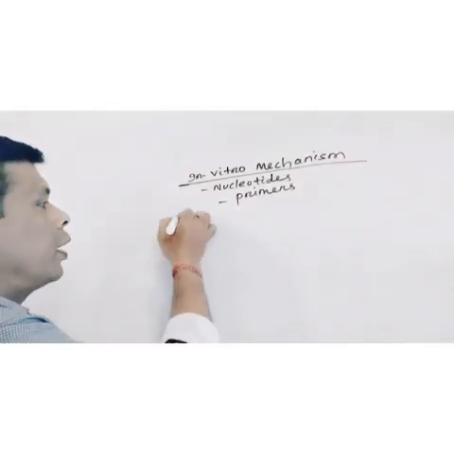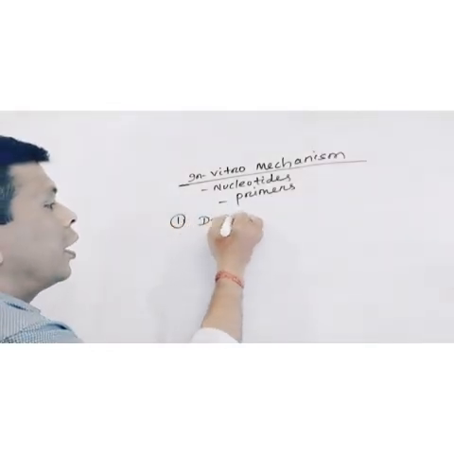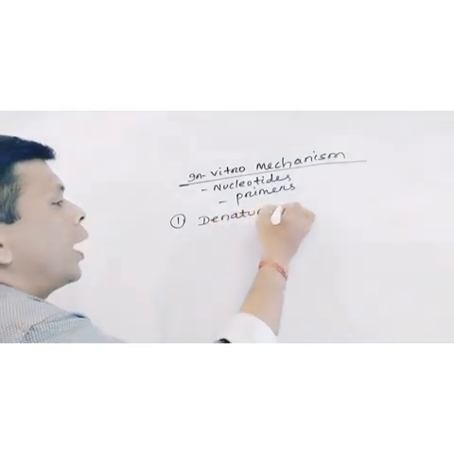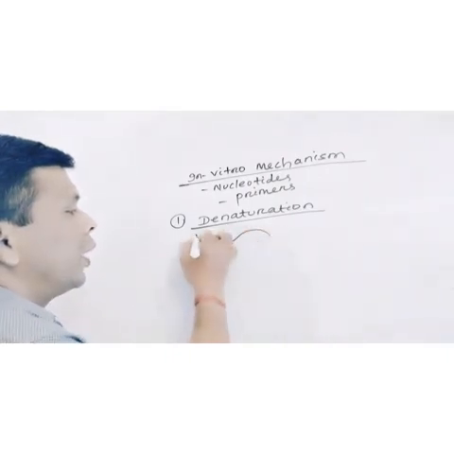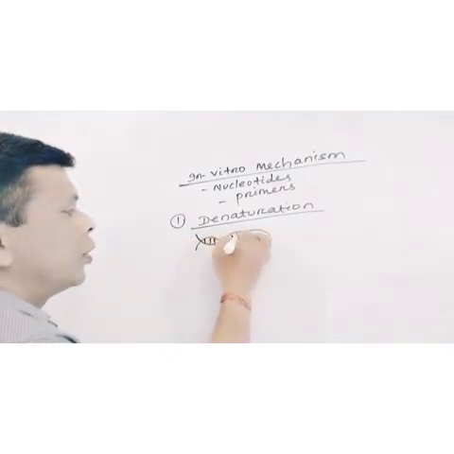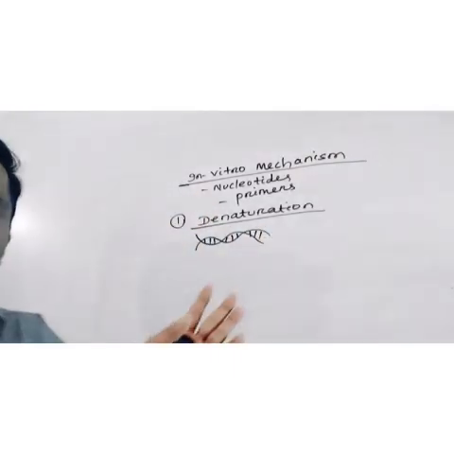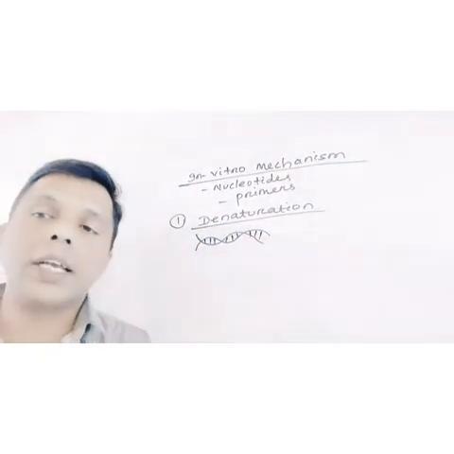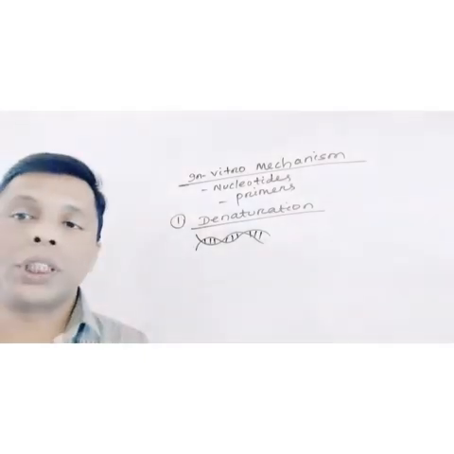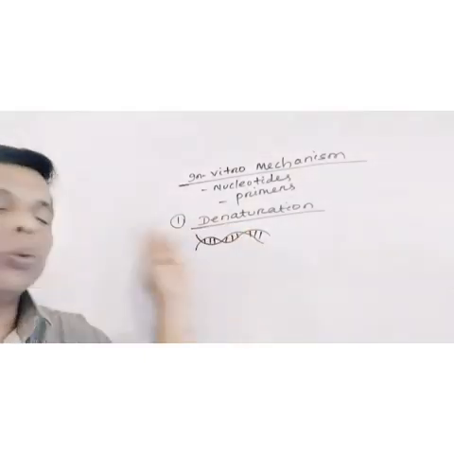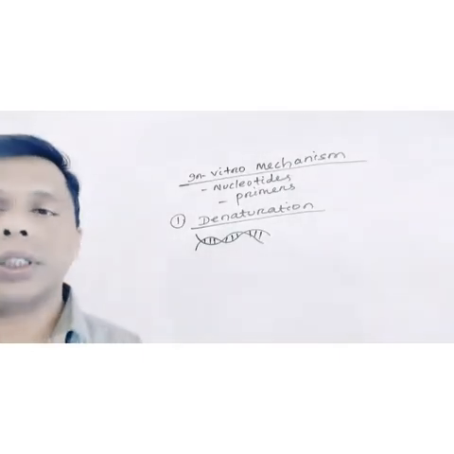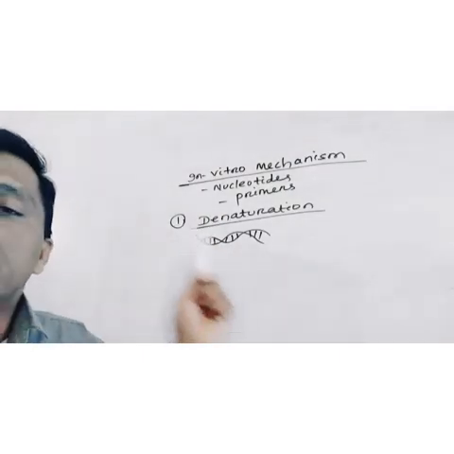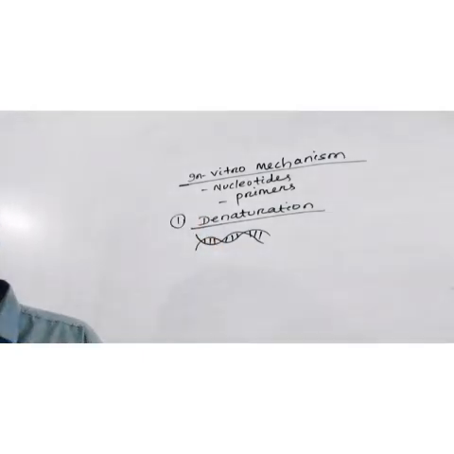The first step is denaturation. What happens during the process? Let's see. Suppose this is the DNA template. The hydrogen bonds hold the two strands together, forming a single unit. The desired genomic sequence which is to be copied is within it. Suppose this is the DNA carrying the gene which is to be copied through the PCR process. So we have to first denature the DNA. How to denature it?